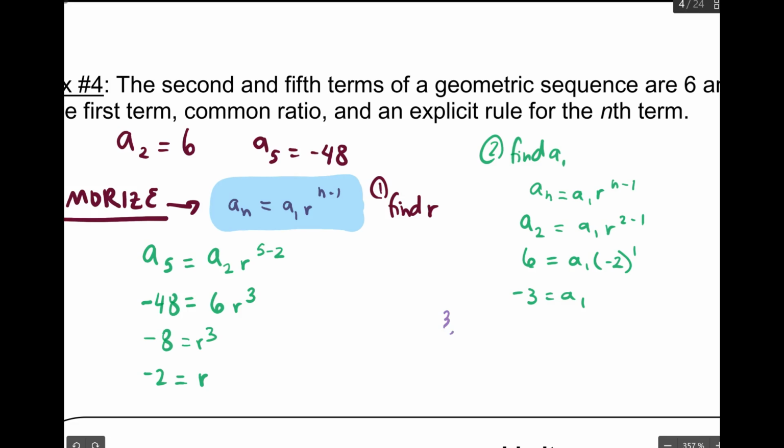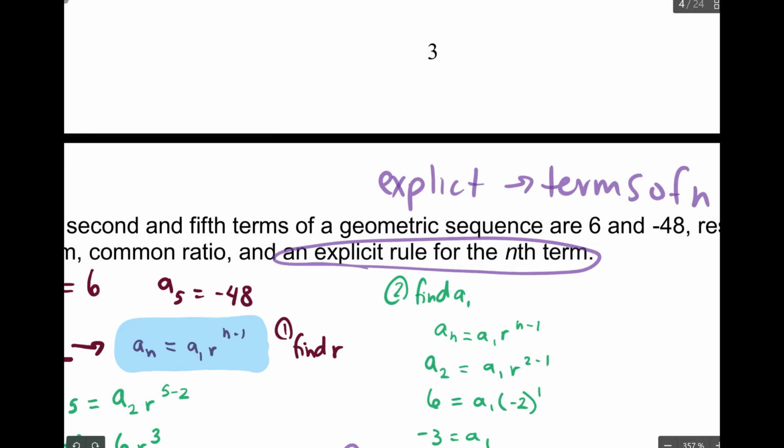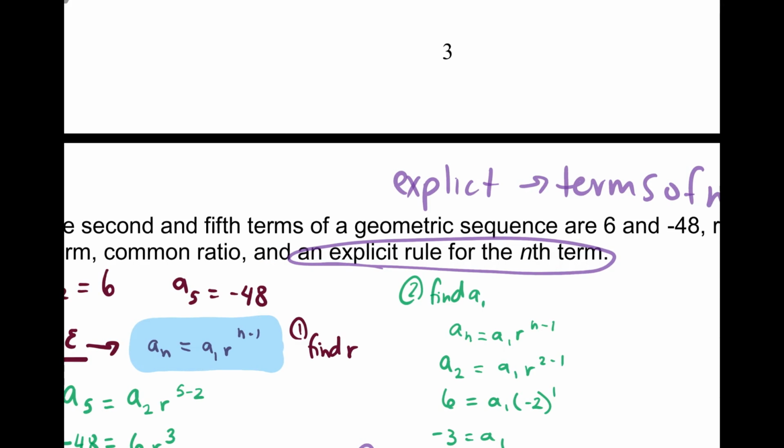Okay, third thing I need to do is find an explicit rule for the nth term. Explicit is in terms of n, where recursive is in terms of the previous term.